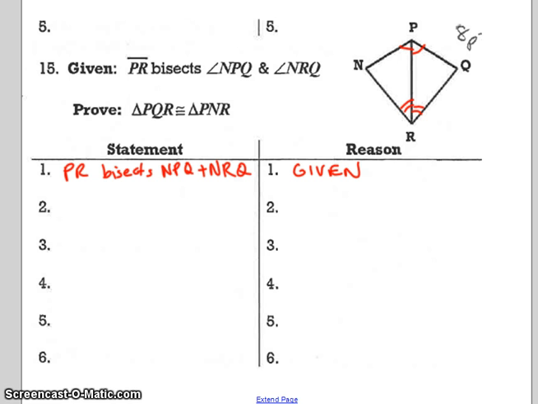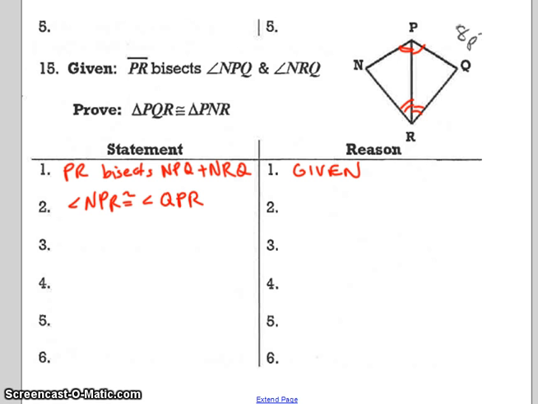Alright, and since we know that, and I kind of drew it already for you guys, if the segment bisects an angle, then it creates two congruent angles. Alright, cuts the angle in half. So we know that angle NPR is congruent to angle QPR.